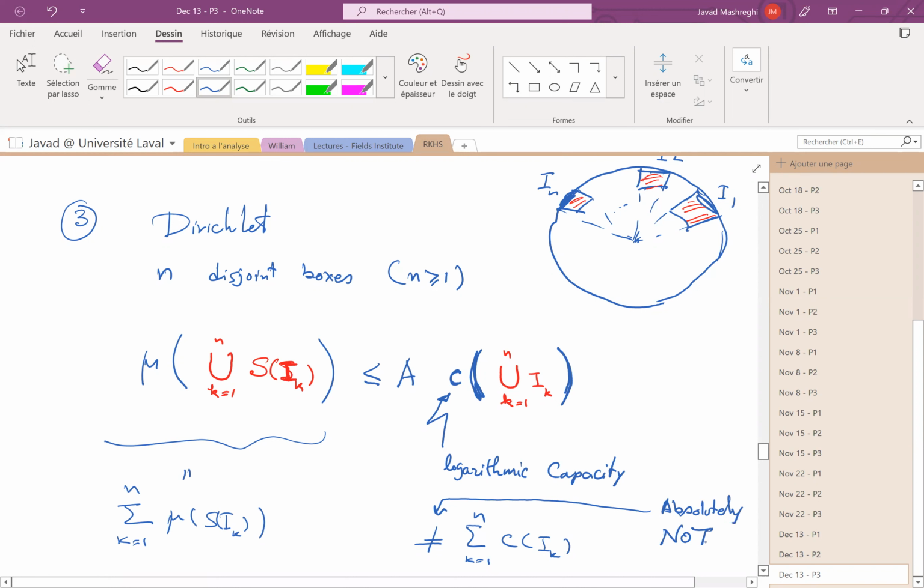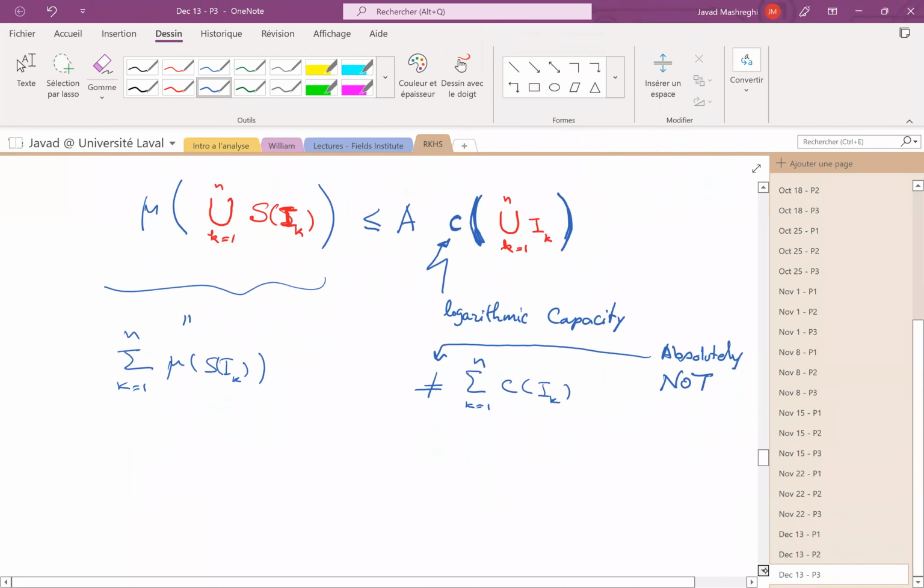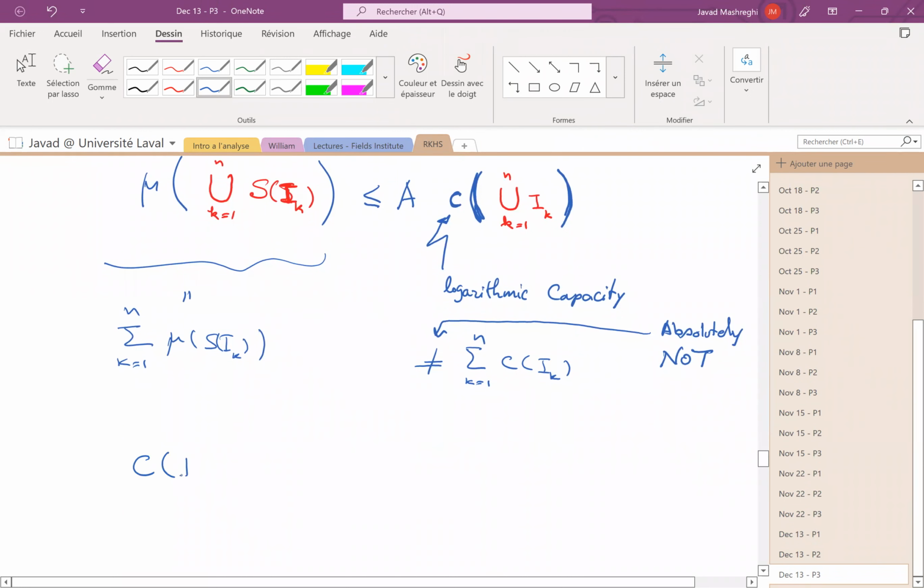Even for 2 arcs, the capacity of 1 arc, we know that it's asymptotically almost equal to 1 over log of its length. But even for 2, I1 union I2, we have difficulty and there are many, many technical problems.